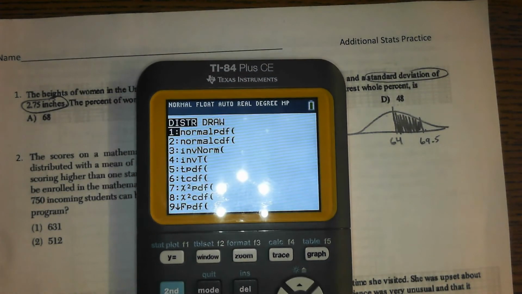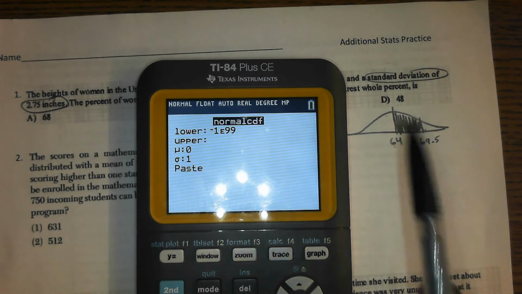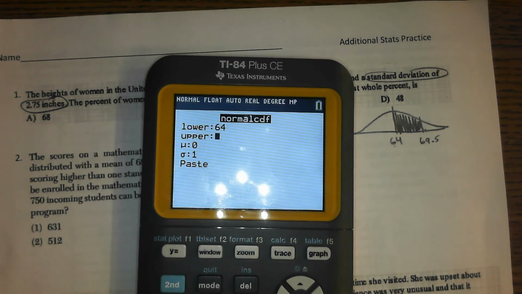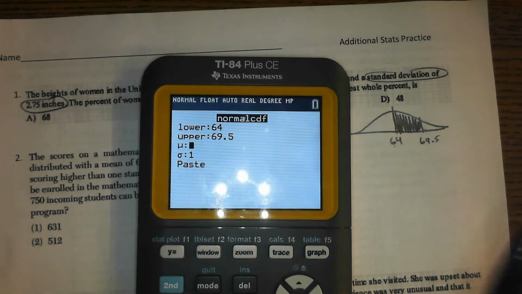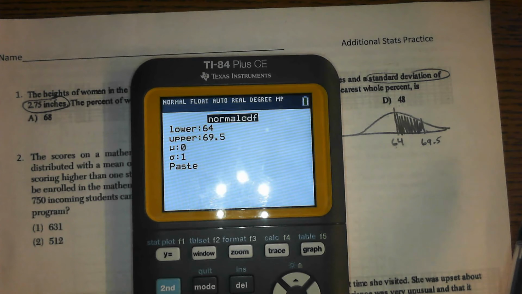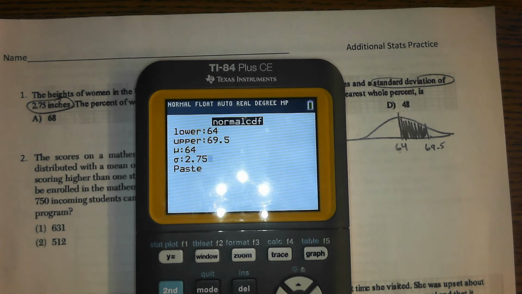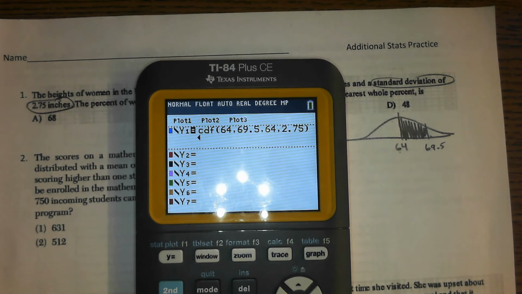Second, there's norm CDF. My lower part of the interval is 64. My upper part of the interval is 69.5. And it is another indicator of norm CDF when they give you the mean and the standard deviation. They gave us the mean as 64 and the standard deviation was 2.75. So if we just paste that, I pasted it into Y1.